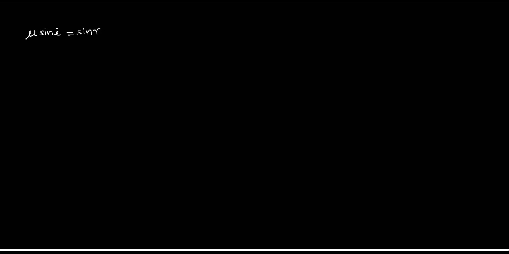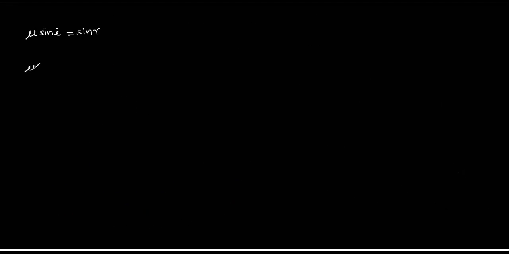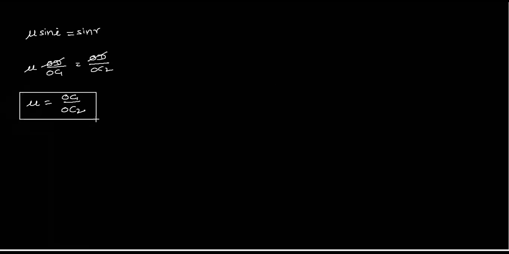Next, what we got? Mu sine of I is equal to sine of R. What is the sine I value? OD by OC1, and sine R value OD by OC2. So mu into OD by OC1 is equal to OD by OC2, right? So this OD and this OD will get cancelled. Mu is equal to OC1 by OC2. Okay, this is one formula we got, OC1 by OC2.